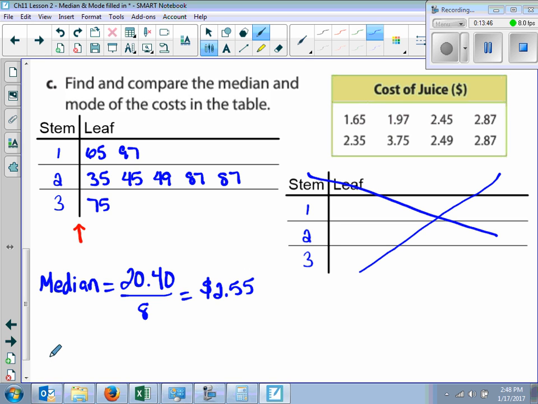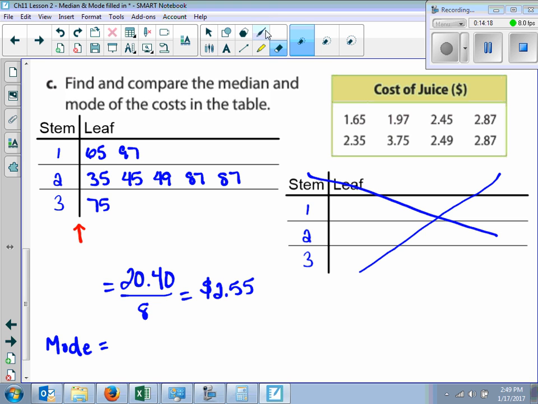That is our median. Now, to find the mode, we look to see which data item occurs more often than any of the others. So when we do that, you know what I just found out? What I realized? I just found the mean here. This is not the median.